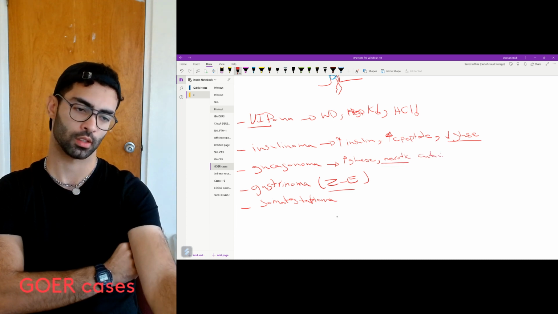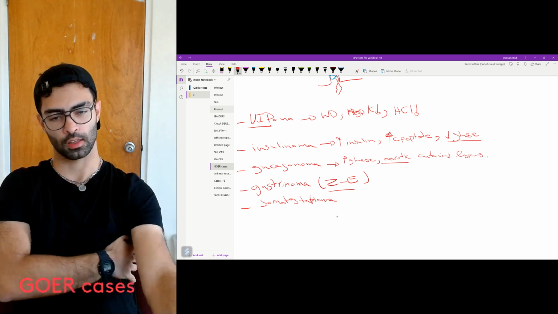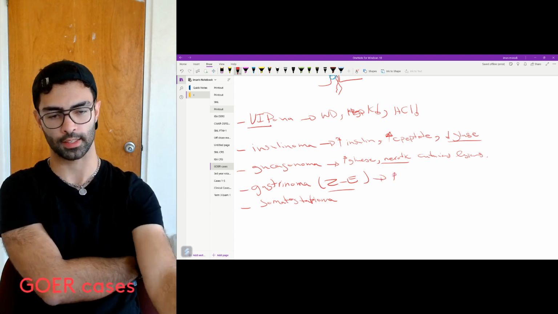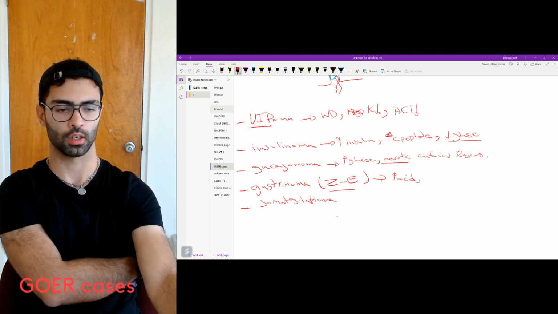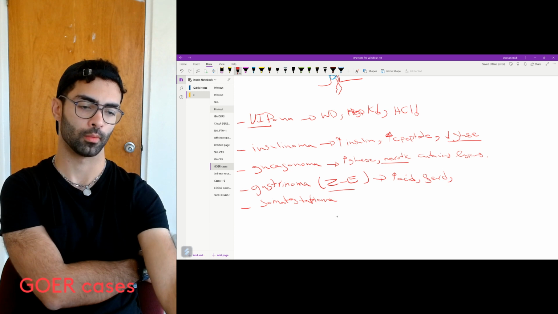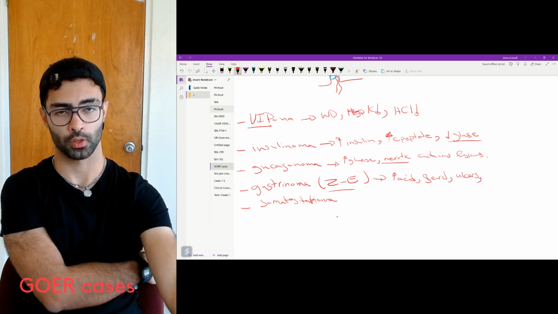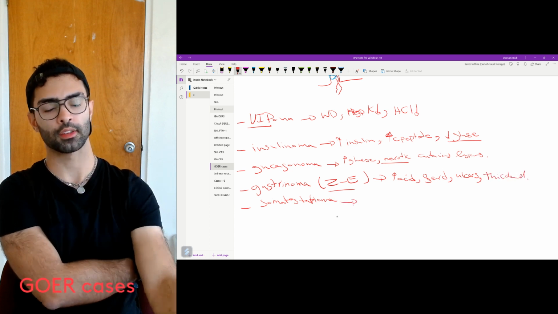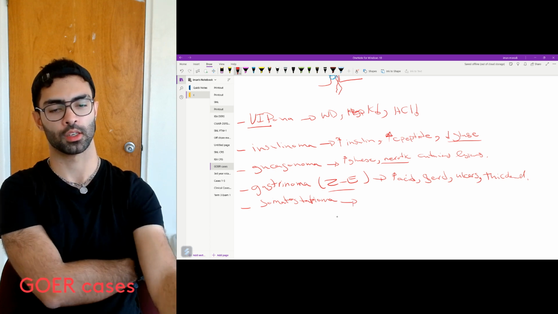Cutaneous lesions, right? Gastrinoma, it's gastrin, so high acid, so you get GERD, you get ulcers, both in the stomach and the duodenum, but also you get a thickened stomach lining, right?